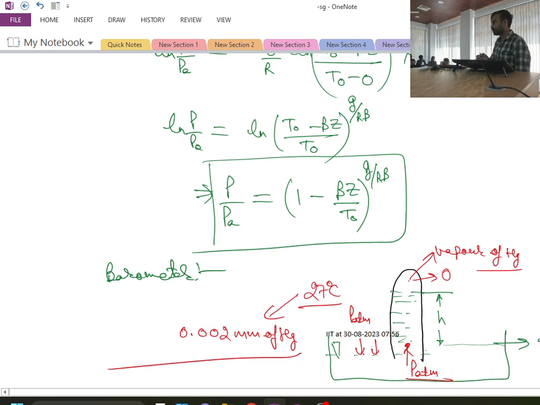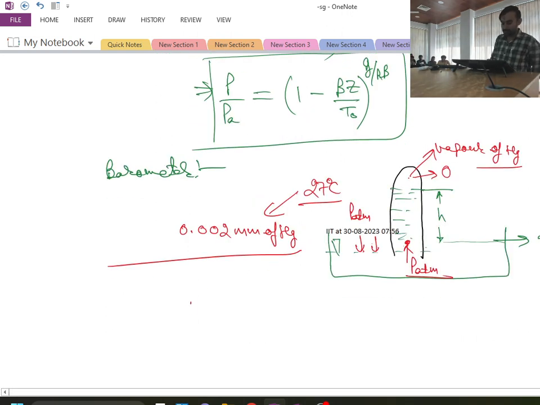So if it is 0, it means from the top I don't have any pressure, but from the bottom side I have this atmospheric pressure. This atmospheric pressure is nothing but balancing the weight of the liquid staying inside this tube. On a per unit area basis, it will be rho g h.